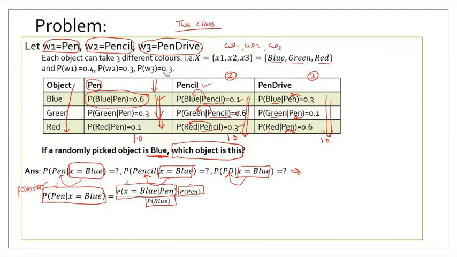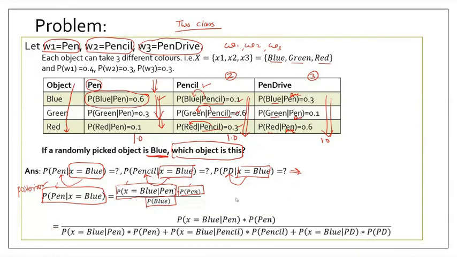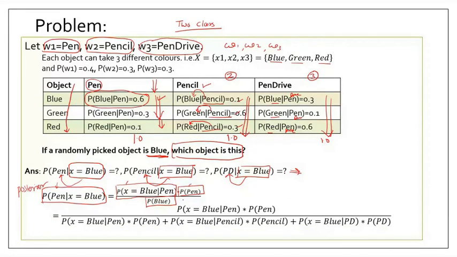Denominator, which is nothing but the evidence of the blue color. Okay, now how do I do it? So what I do is I write the numerator as it is because I know values of this. From the table I can easily get. Now the denominator is the probability of selecting a blue, or probability of obtaining blue in the problem domain.